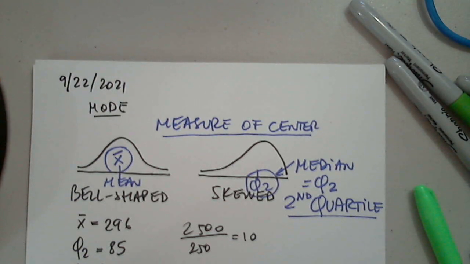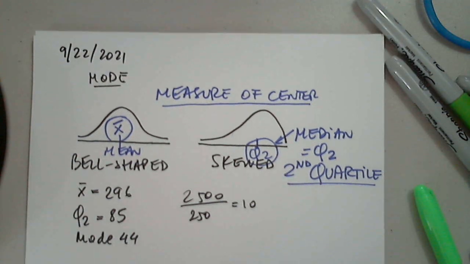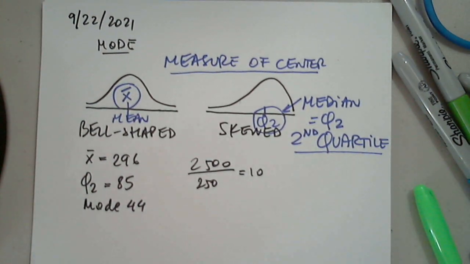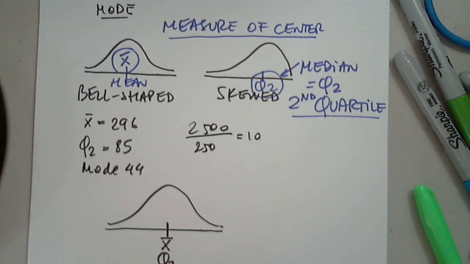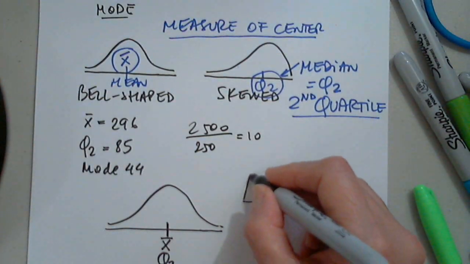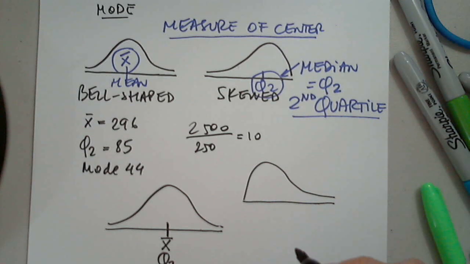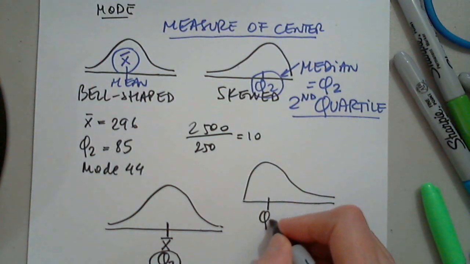You said when it's skewed left, which one is larger, the mean or the median? Okay, so let me stop sharing. So when we look at a symmetric distribution or bell-shaped, X bar and Q2 are very close to each other. Now, if we have skew to the right, the one that is resilient and stays in place is Q2.